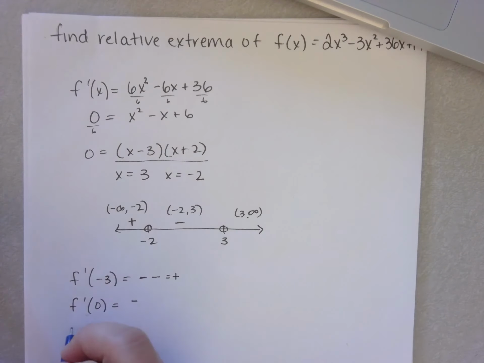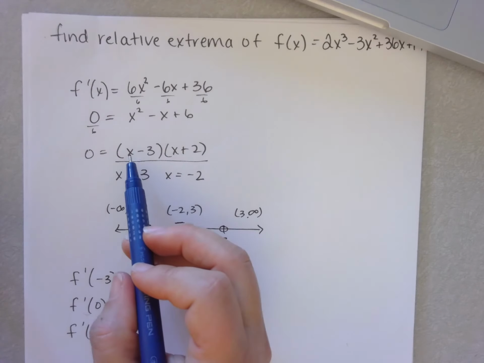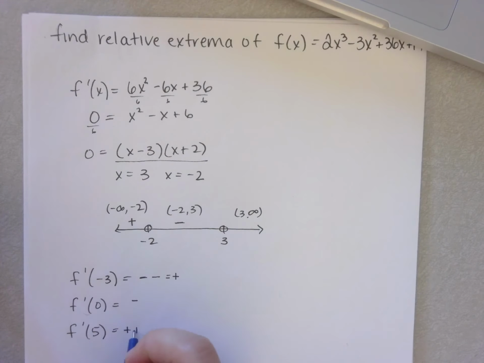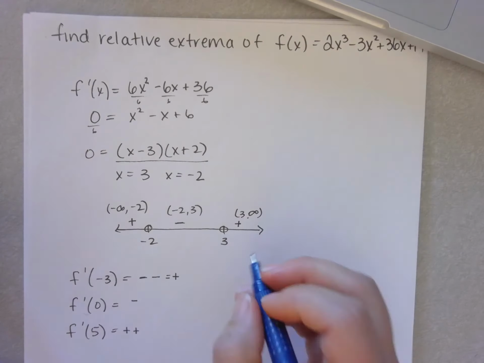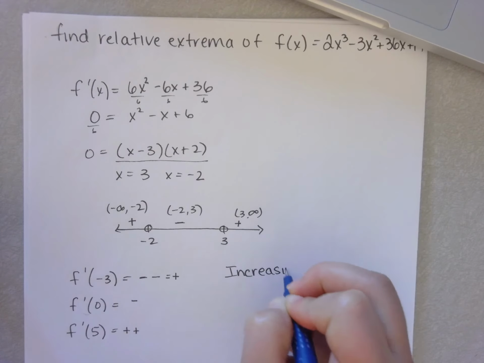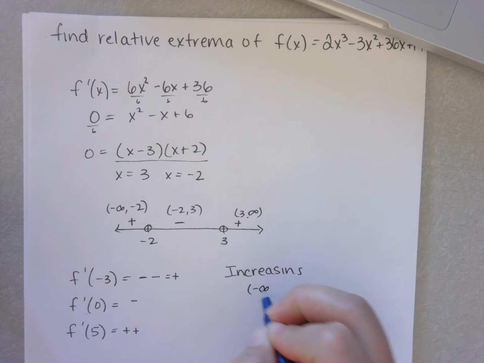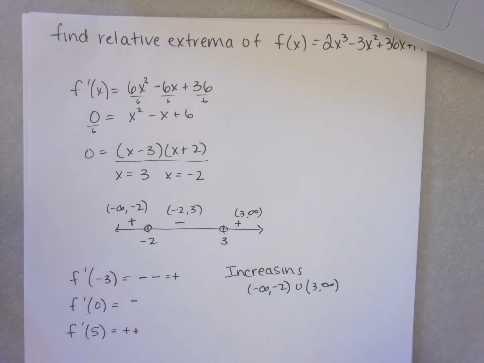And then I'm going to choose f prime of 5. Anything larger than 3 is good. If I plug 5 in here, I get a positive, and positive times positive gives me positive overall. So my function is increasing in these two intervals, the ends: from -infinity to -2, and from 3 to +infinity.